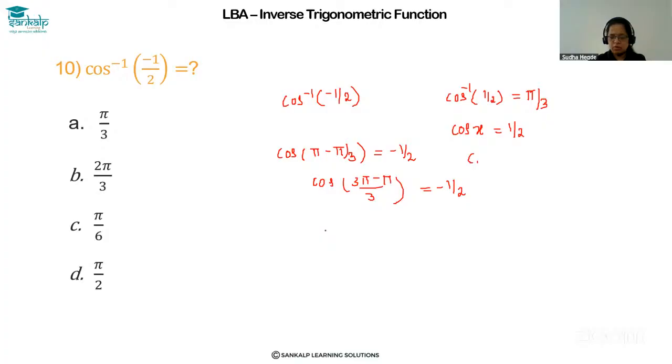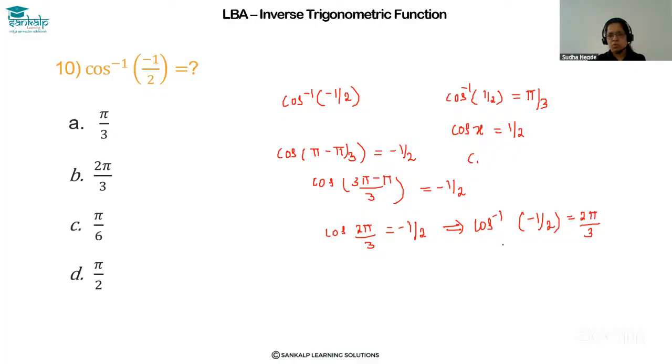Correct? Therefore, cos 2 pi by 3 is minus 1 by 2, implies cos inverse minus 1 by 2 is equal to 2 pi by 3. Got it?